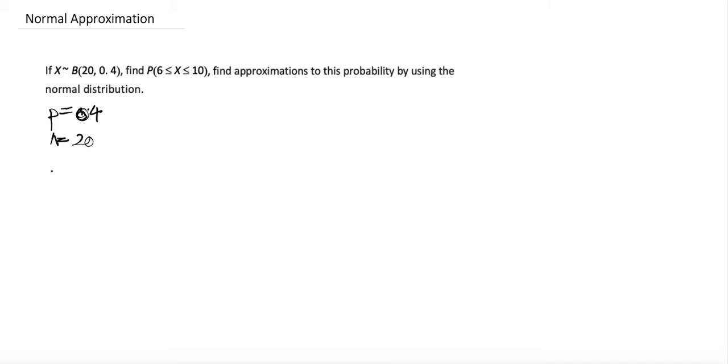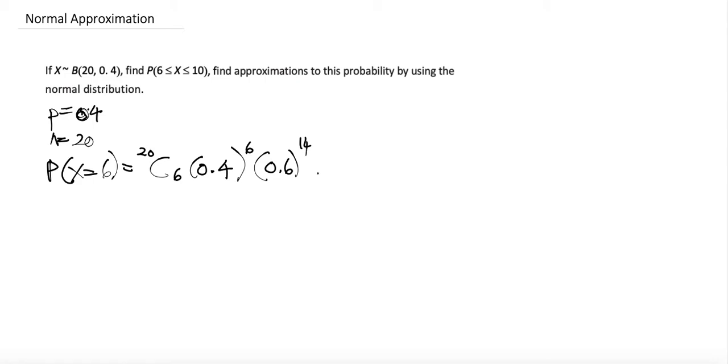If it's not a normal distribution, let's say I want to find it using binomial, then P(x equals 6) would be 20 C 6, times 0.4 to the power of 6 and 0.6 to the power of 14.